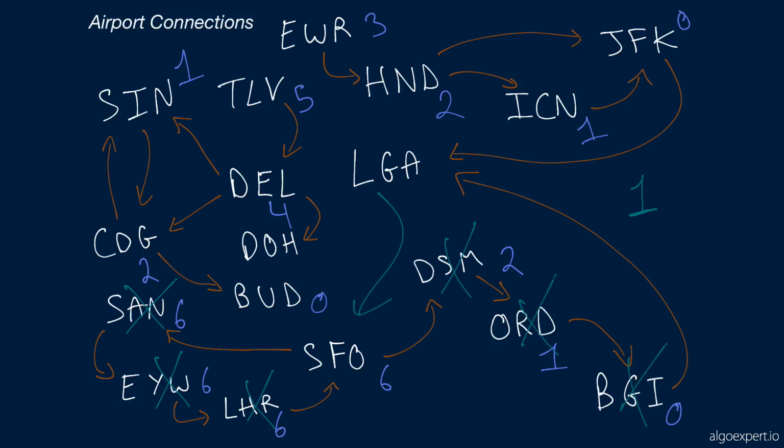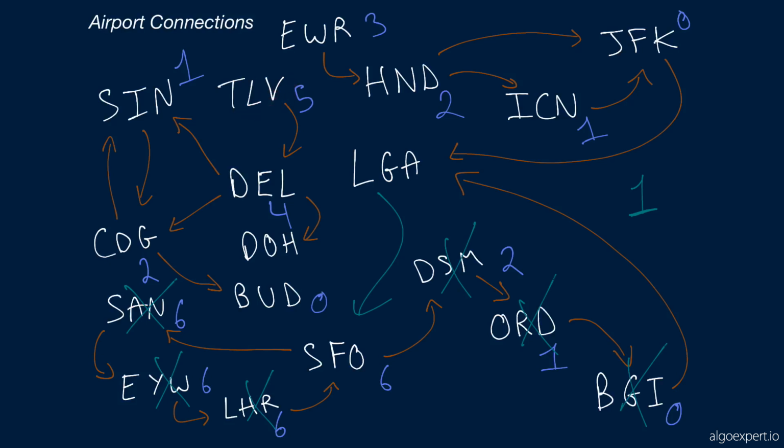Because SFO has essentially unlocked all of these, and we can skip them. We don't need them anymore, right? And this is really, really important. Now, then we can move on to the next one after 6. We've crossed out the first 3 6s, or actually the 4 6s, and now we go to 5. In 5, we've got TLV.